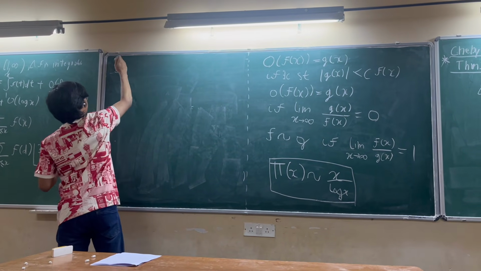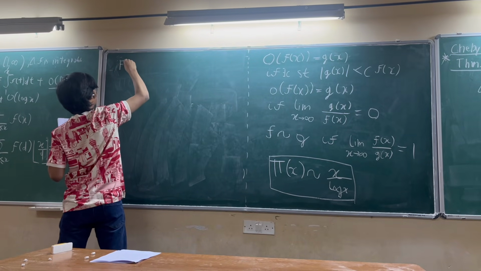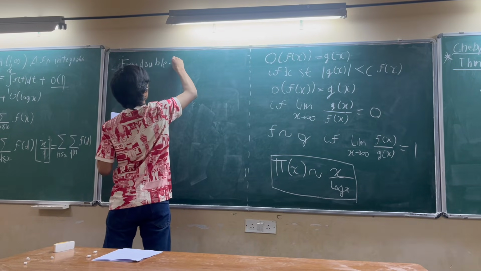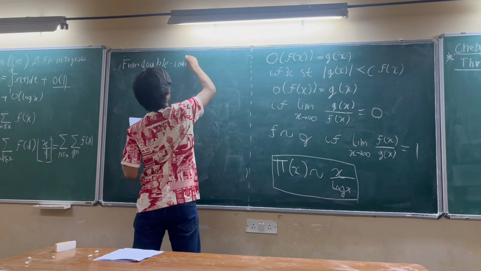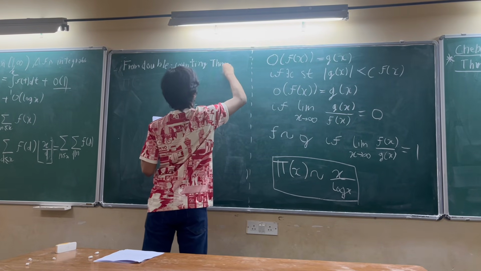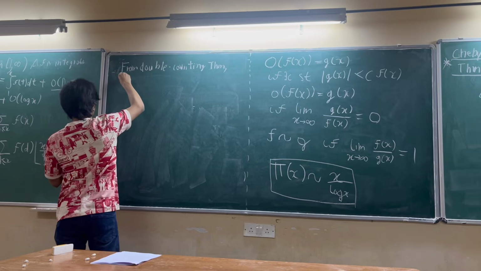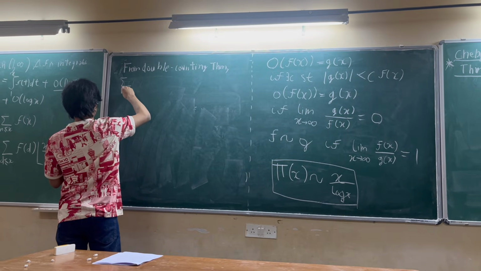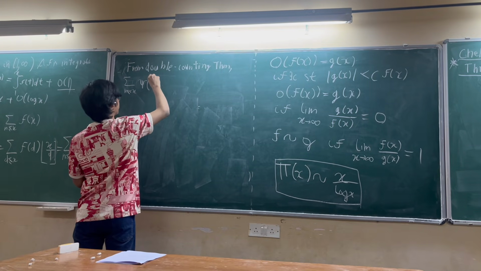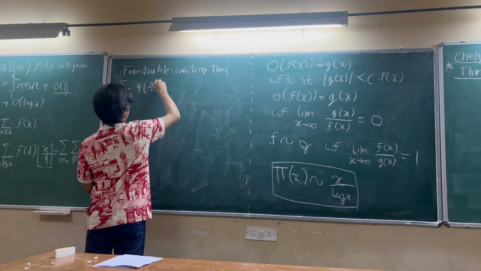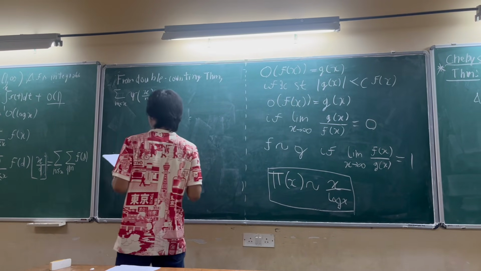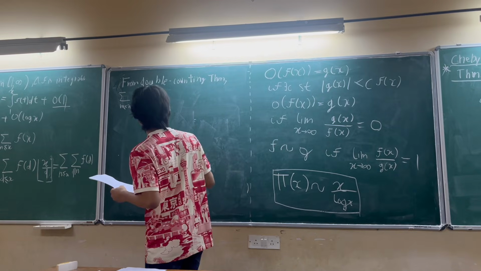So let me say, from the double counting theorem, the summation over n less than or equal to x of psi of x by n is in fact, now remember, we defined psi as the sum of the von Mangoldt function.